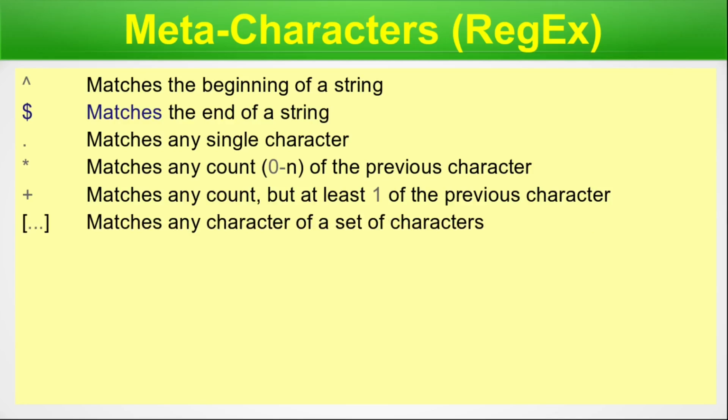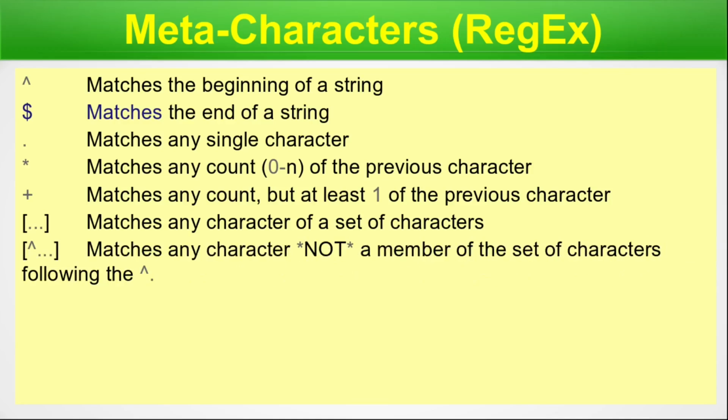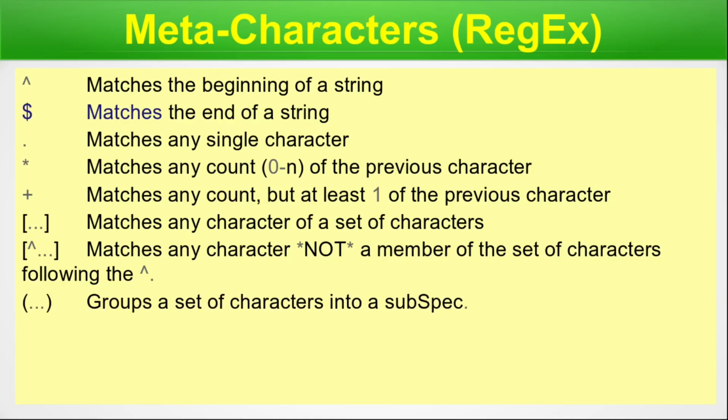Angular brackets match a set of characters. Sometimes it is called a group. We'll see through the example. Then caret comes in the picture. This matches any character not a member of the set of characters following the caret. The parenthesis or the first bracket groups a set of characters into a subspec. We'll see how these are done. So this is a matching group, with the first bracket or brace.